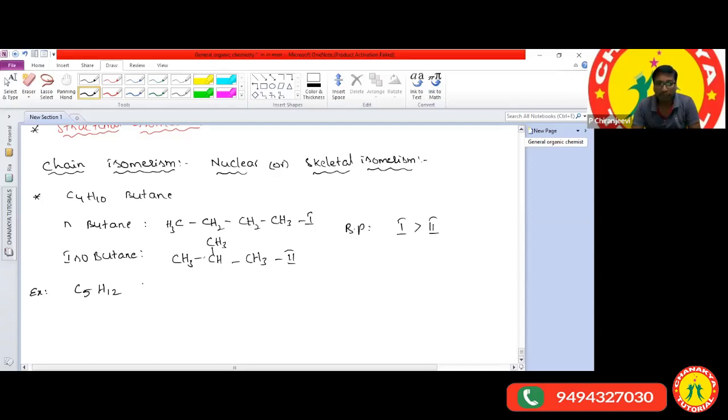Any one of you? Pentane exists as 3 chain isomers. So 3 chain isomers exist.